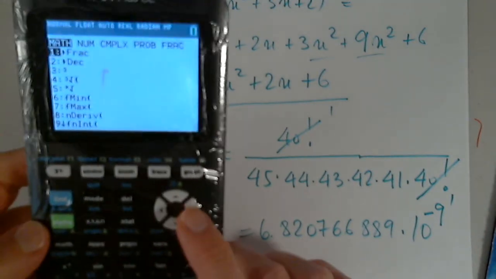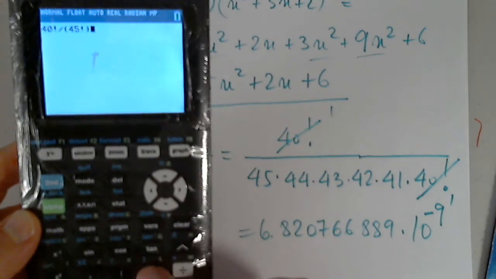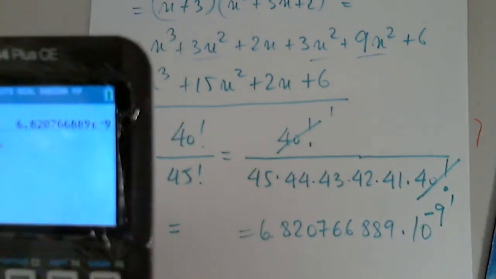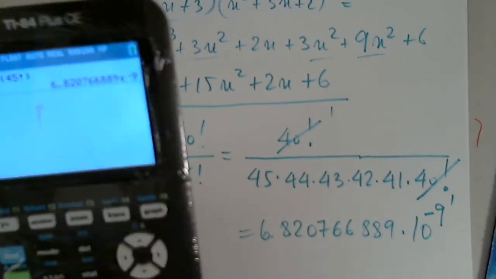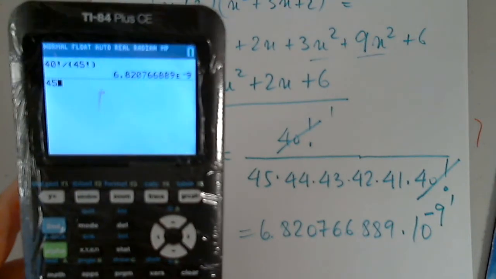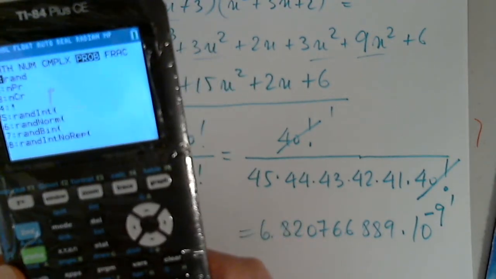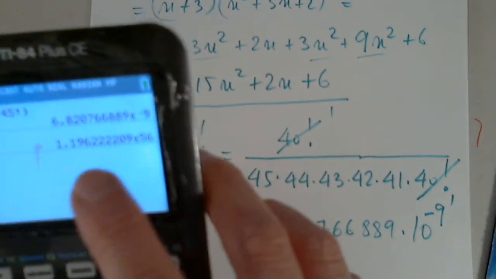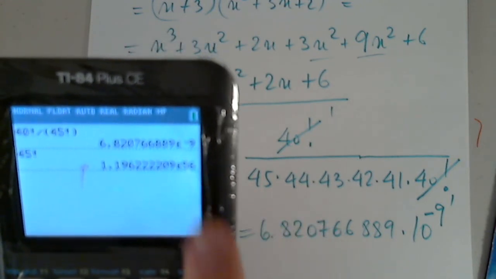So I go to math, go to probabilities, choose 4, and close the parenthesis. It may give us this, I don't know, or it may say error. If we calculate 45 and we put factorial on it, I doubt that it can calculate this. Okay, it can. 1.19 times 10 to the 56th power.